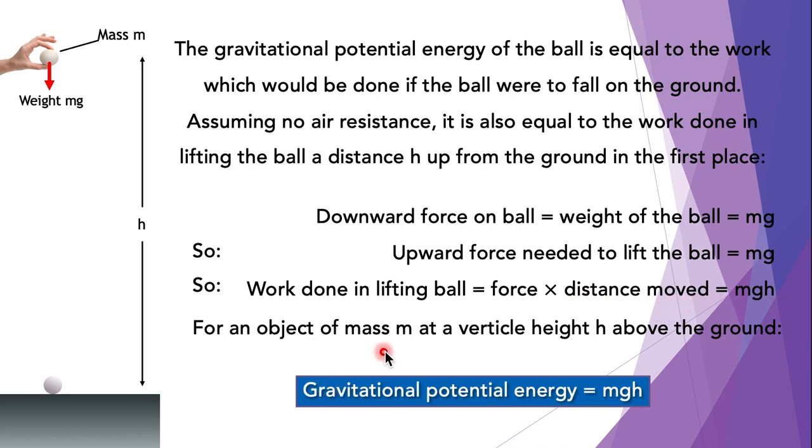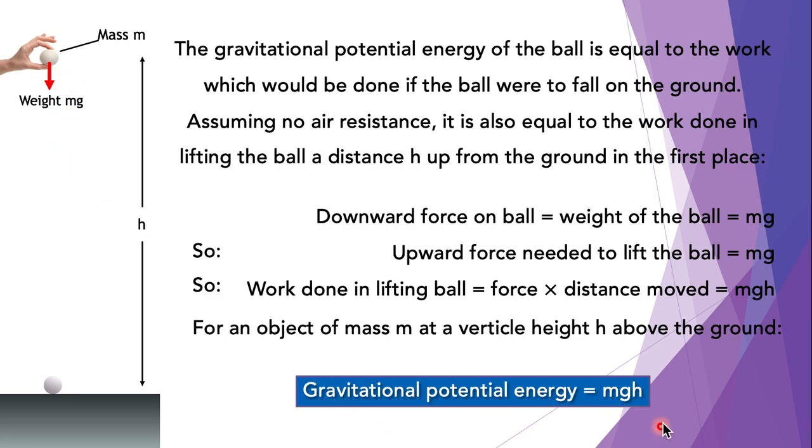So for an object of mass m at a vertical height h above the ground, gravitational potential energy is equal to mgh. Gravity comes in as well. Of course, gravity is pretty simple. It's 10 newtons per kilogram, always, on the earth of course. So we multiply the mass of the ball by the gravitational field strength, which is 10, and by the height, and that gives us the gravitational potential energy this ball has.